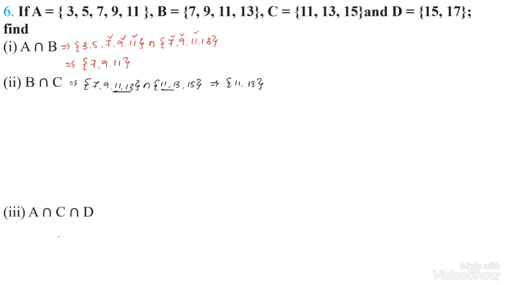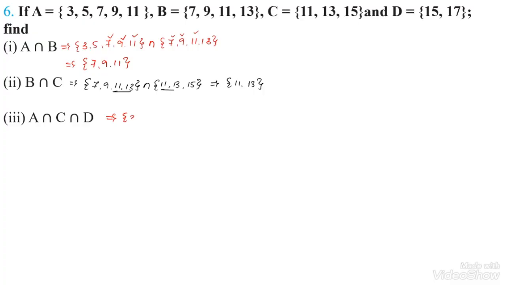Next question. A intersection C intersection D. It means an element which is common in 3 sets. First, I have taken A intersection C. What are the common elements between A and C?